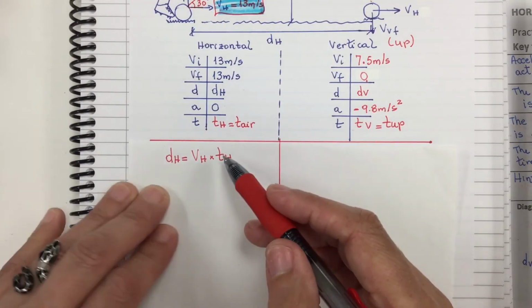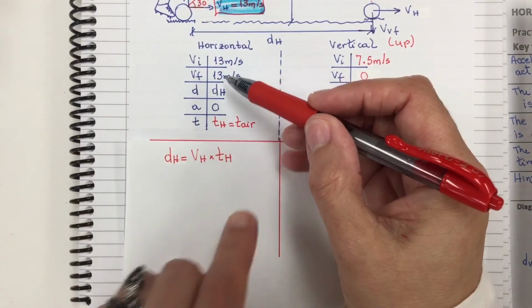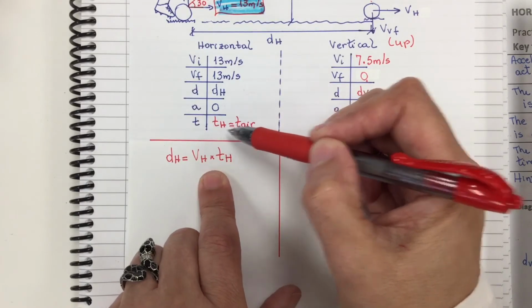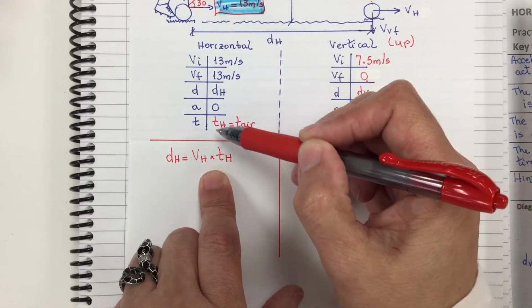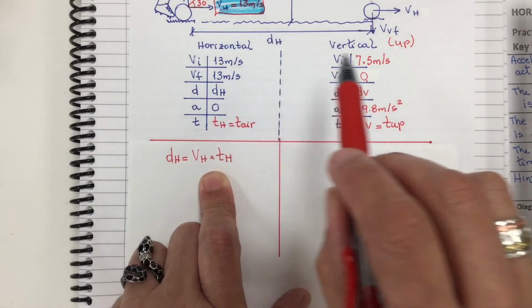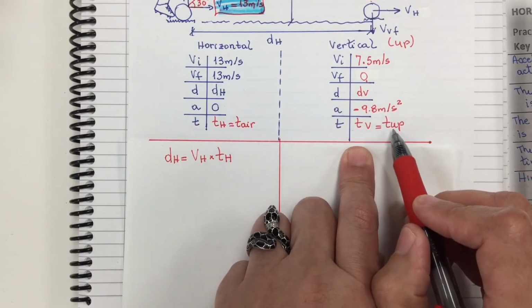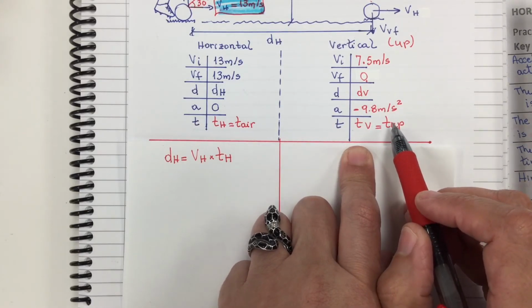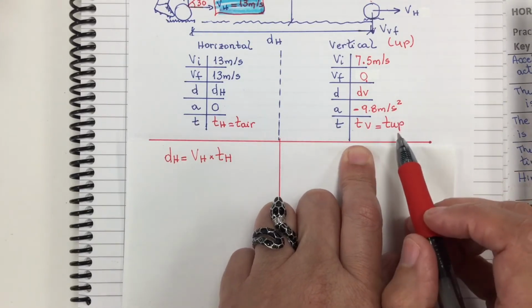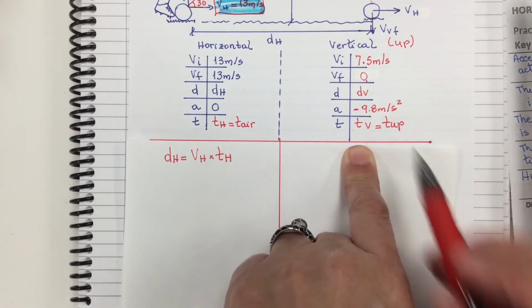So I can calculate it from this formula because I do have VH. However, I don't have the total time in the air, which is the horizontal time. So I need to go to my vertical table to find the time up, because the time in the air will be the time up plus the time down.